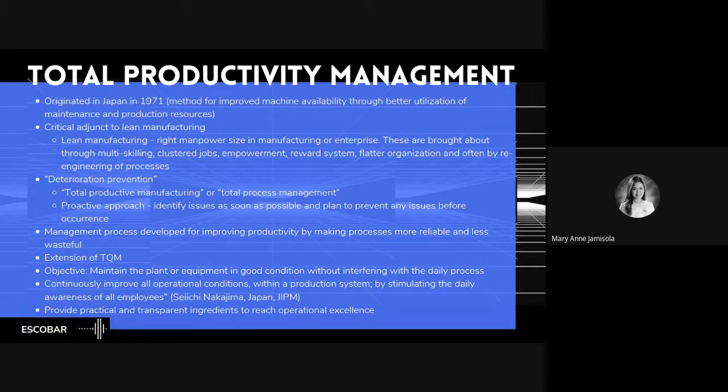TPM focuses primarily on manufacturing, although its benefits are applicable to virtually any process, and it is the first methodology Toyota used to improve its global position. After TPM, the focus was stretched, and suppliers and customers were also involved. This next methodology was called lean manufacturing.